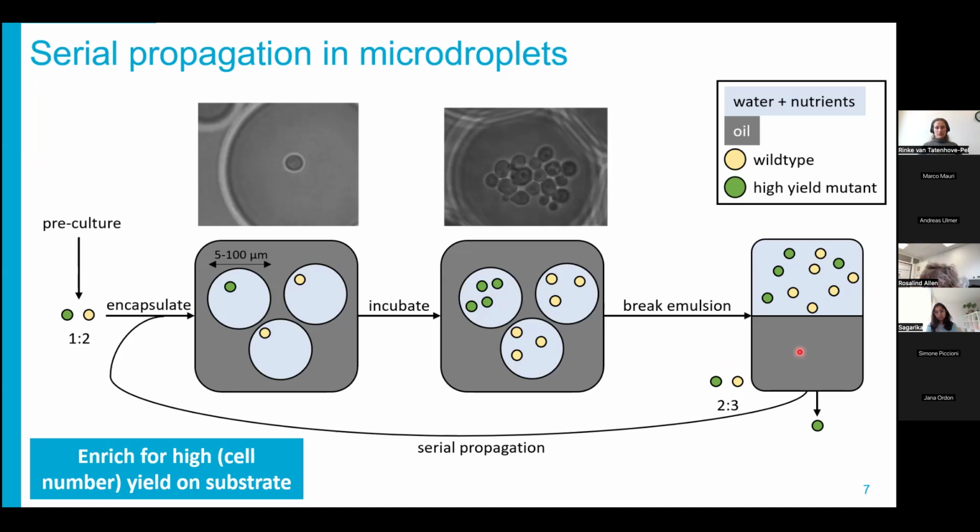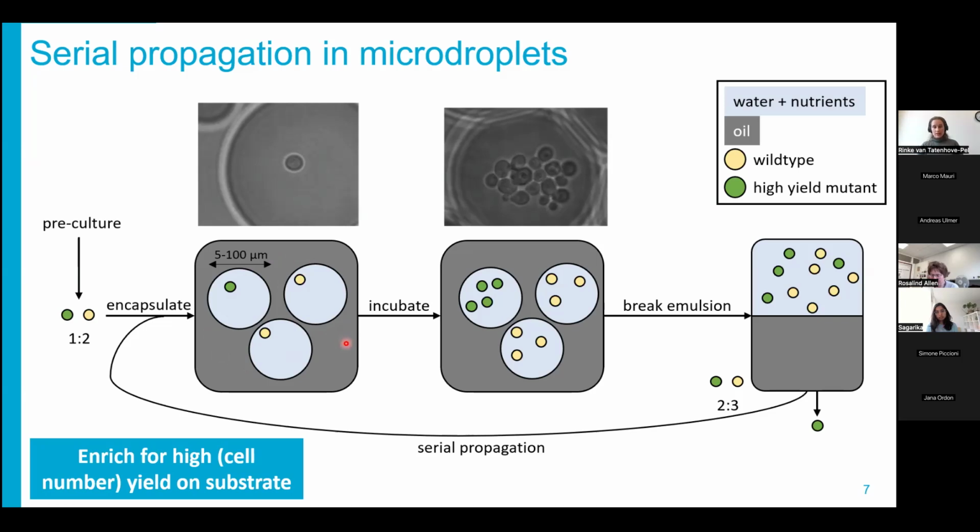So basically we enrich for the cell that makes most offspring, because if you make more offspring, in the next round you will inoculate more compartments, will be able to grow more, and in the next round again inoculate more compartments. So you will in the end win the competition.